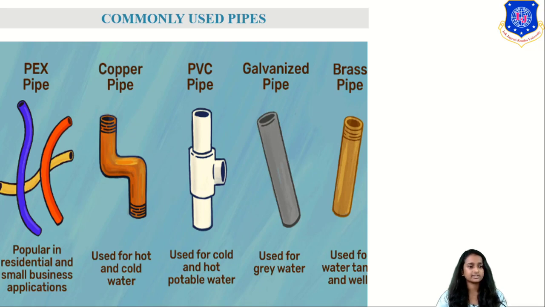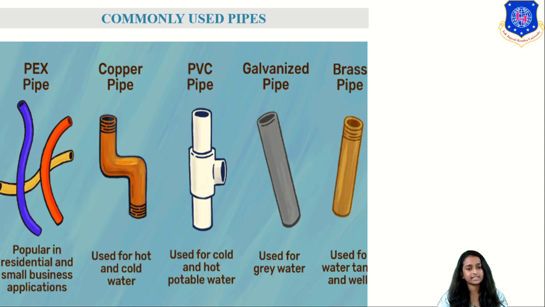These are some commonly used pipes. First one is cross-linked polyethylene pipe that is used in residential as well as small business applications. Second is copper pipe that is used to transfer cold fluid and hot fluid. Then PVC pipe. PVC pipe is used to transfer cold and hot potable water.